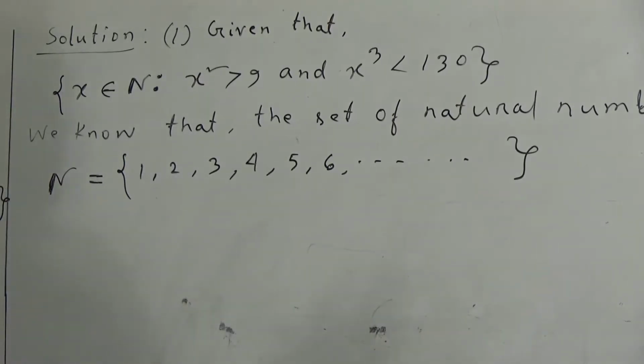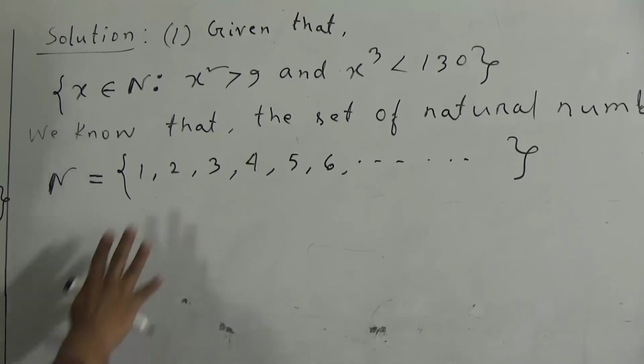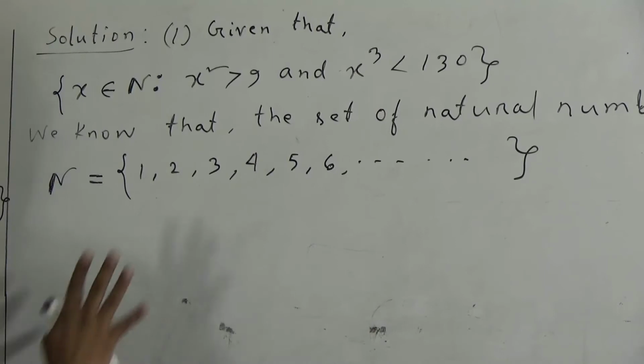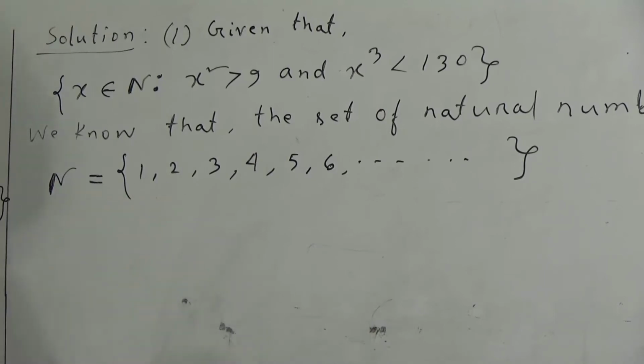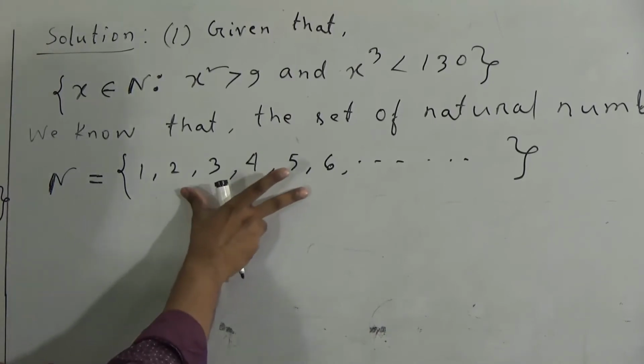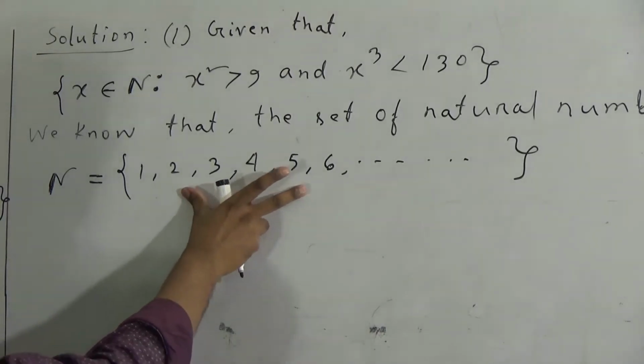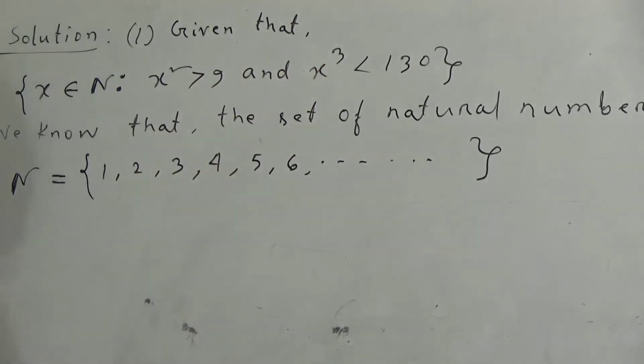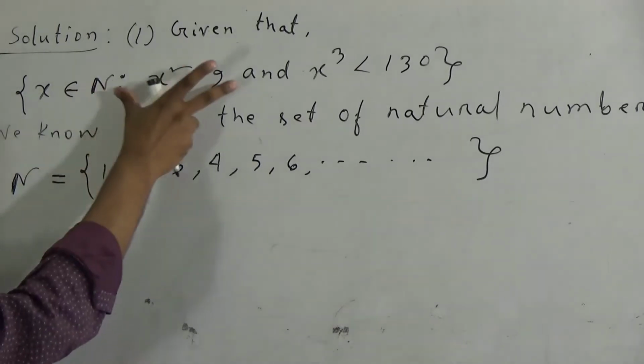All of the positive integer numbers are the elements of the set of natural numbers. Now, from the elements of this set, those which maintain this condition and this condition will be the elements of this set.